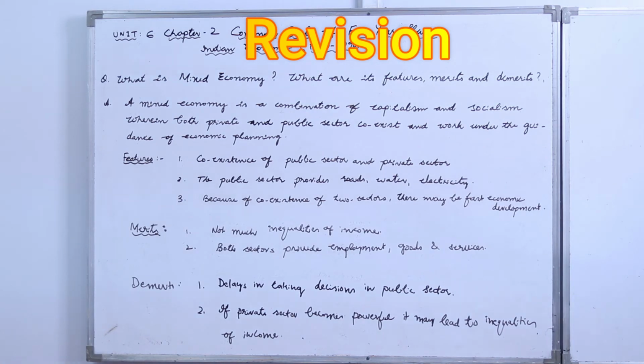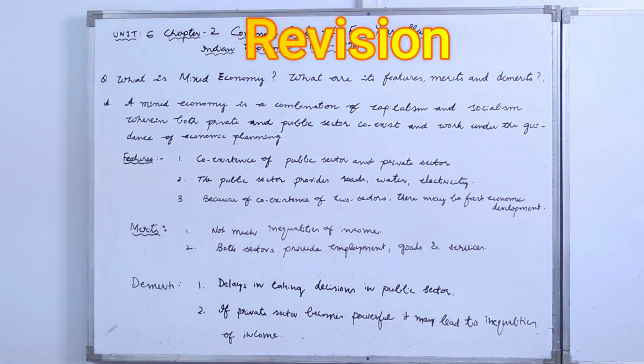Features: number one, coexistence of public sector and private sector. The motive of the private sector is profit and the motive of the public sector is social welfare. The public sector will provide those goods and services which the private sector fails to, such as electricity, roads, water, defense, etc. That's the second point. And the third point, because of coexistence of two sectors, there may be fast economic development.